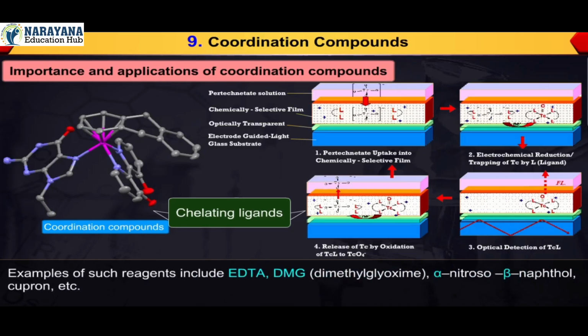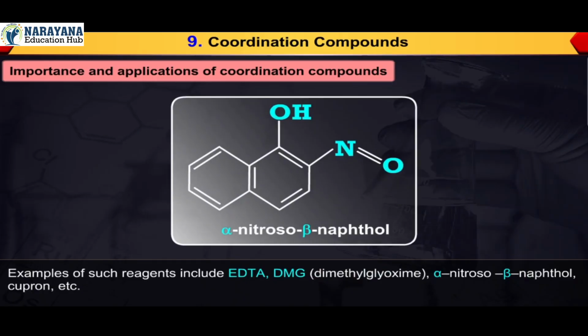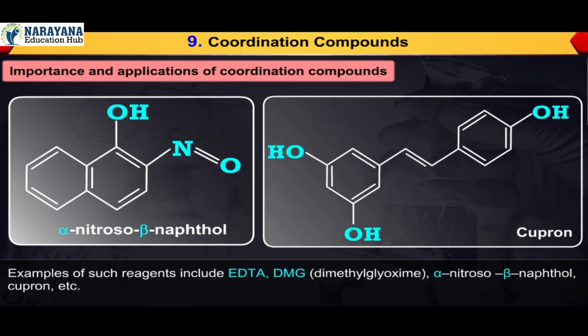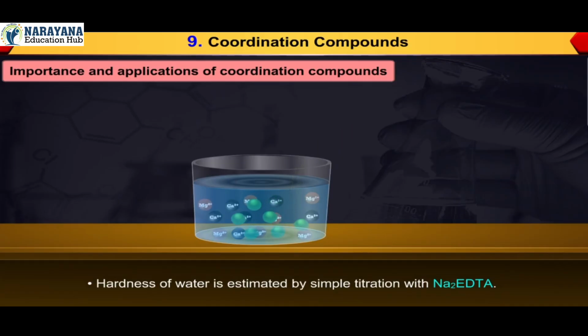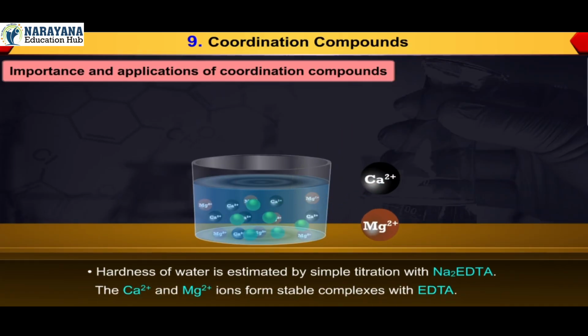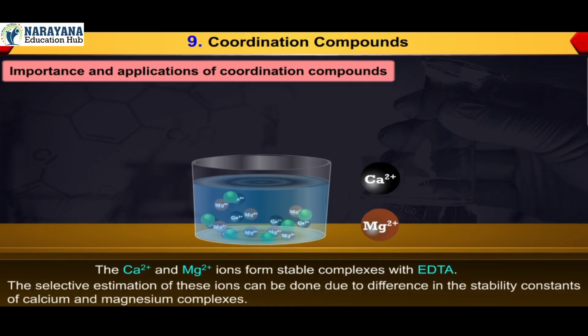Examples of such reagents include EDTA, DMG, that is, dimethylglyoxime, alpha-nitroso-beta-naphthol, cupron, etc. Hardness of water is estimated by simple titration with Na2-EDTA. The Ca2+ and Mg2+ ions form stable complexes with EDTA. The selective estimation of these ions can be done due to difference in the stability constants of calcium and magnesium complexes.